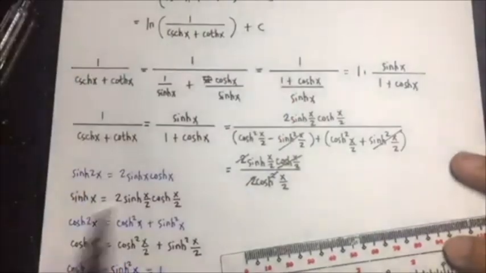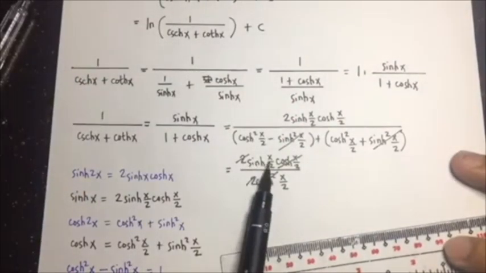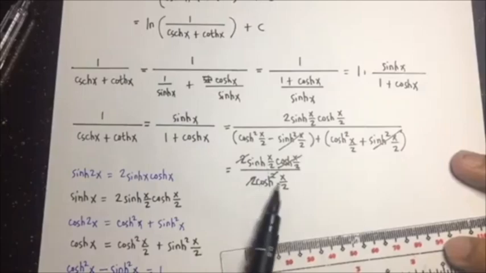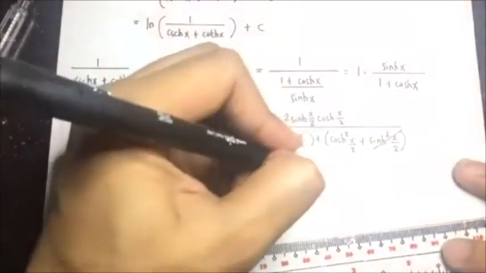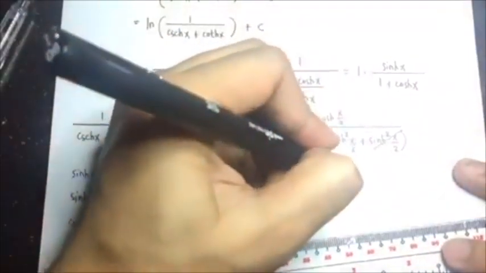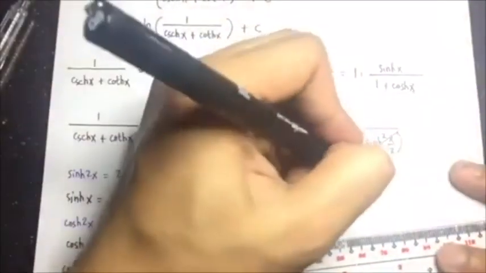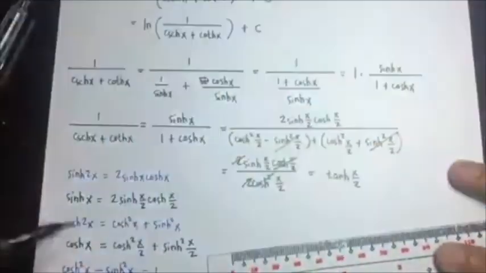So what will remain is hyperbolic sine of x over 2 over hyperbolic cosine of x over 2, which is equal to hyperbolic tangent of x over 2.